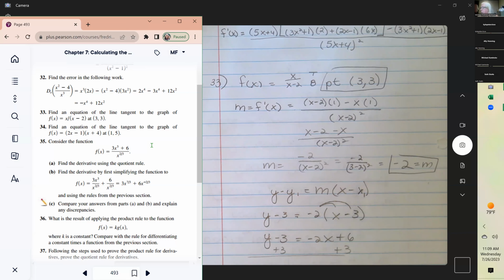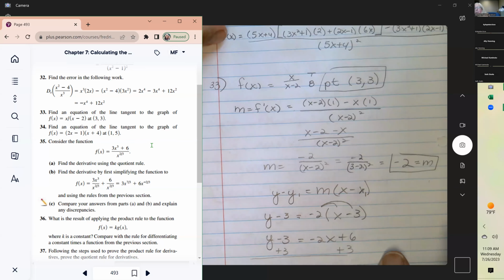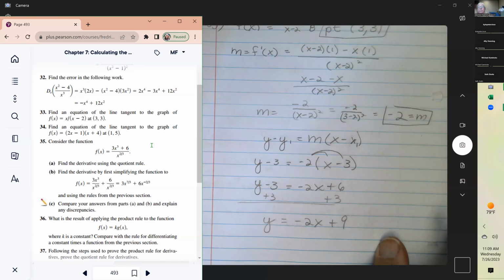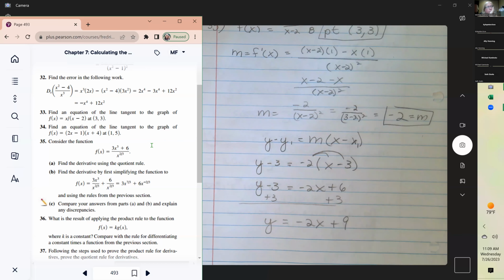Everyone get y equals negative 2x plus 9? Any questions?